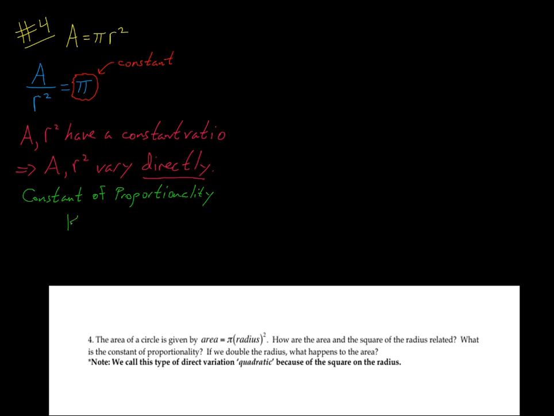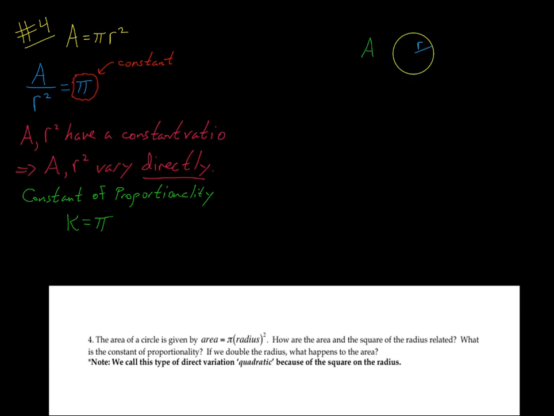This is just the k value, and looking back here, it's the ratio of the area to the square of the radius. The area can change, the radius can change, but this ratio, the pi value, is the thing that's fixed. That's our constant.